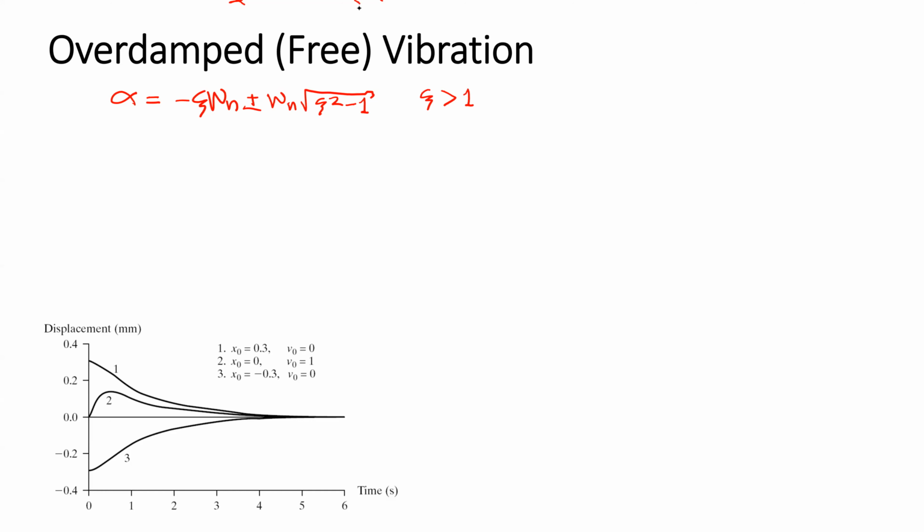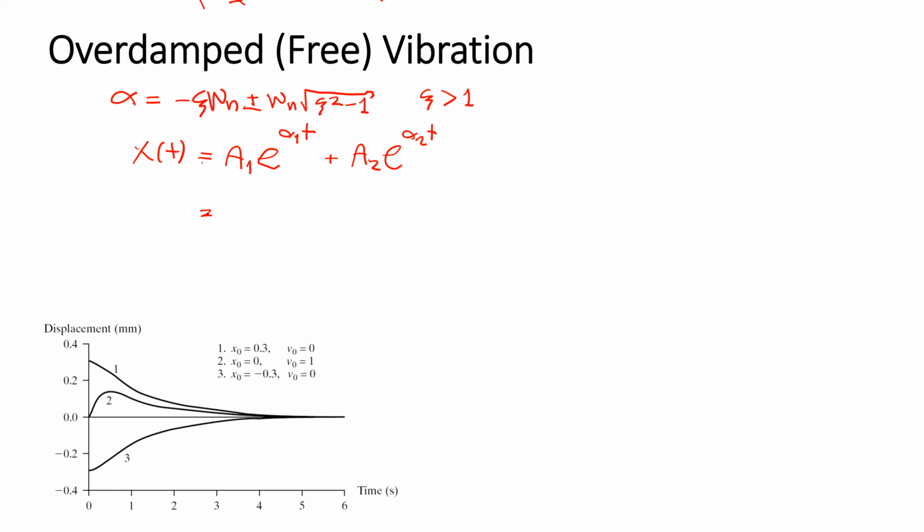The same idea as the previous case: x(t) is the linear combination of the two roots, so x(t) equals a1 e to the power alpha 1 t plus a2 e to the power alpha 2 t.